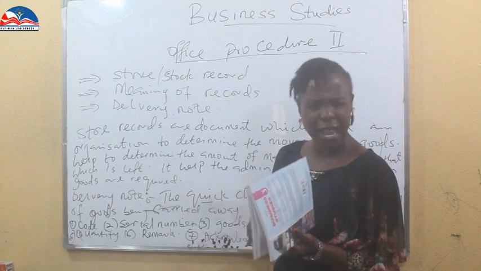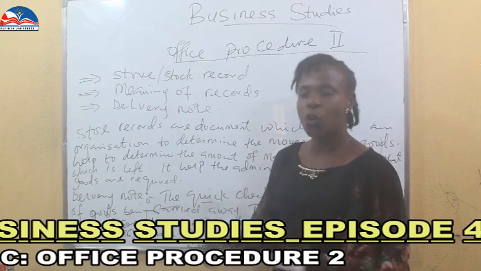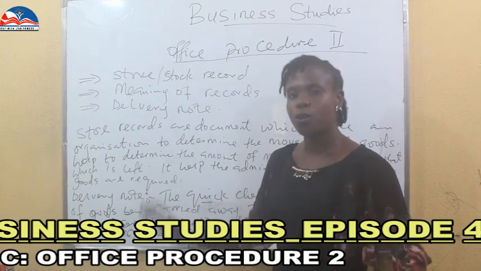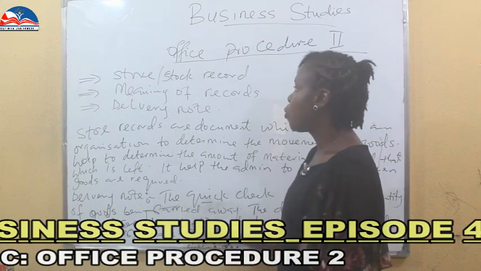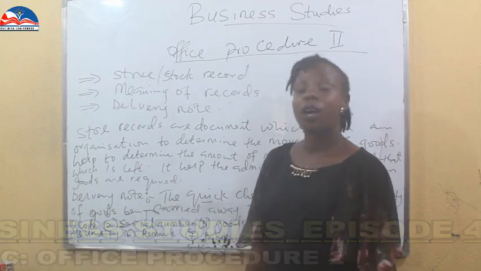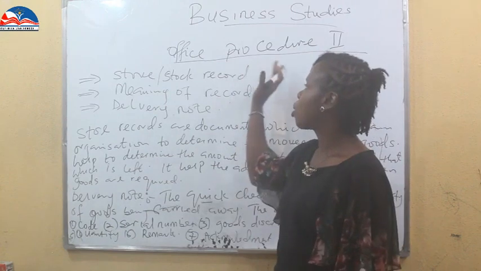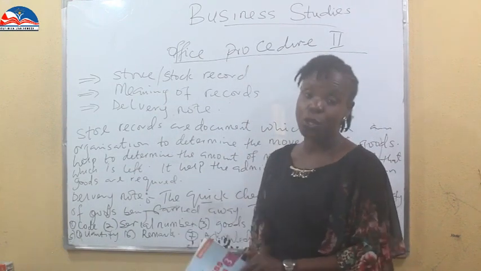That makes the final delivery executed, because once acknowledgement is received, you know you've done your part in delivery. So we've seen what store record is, the meaning of records, and delivery note. That is our second part of office procedure.